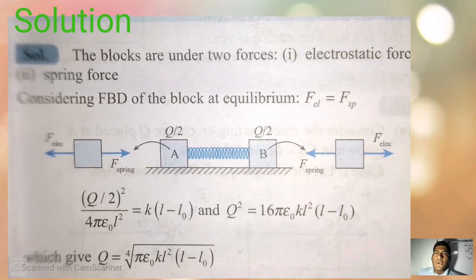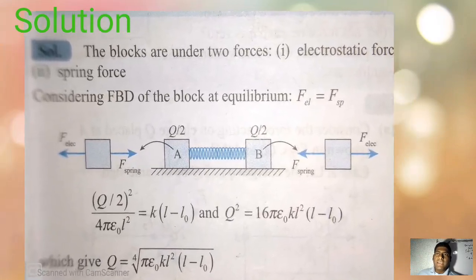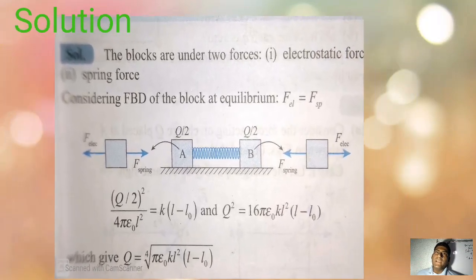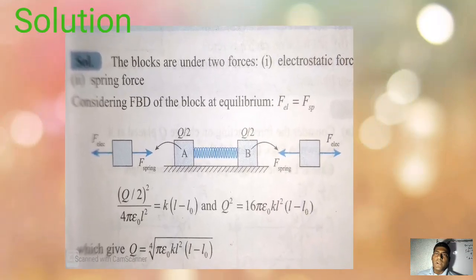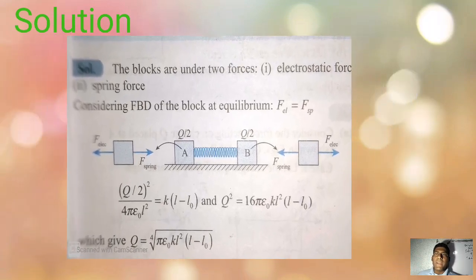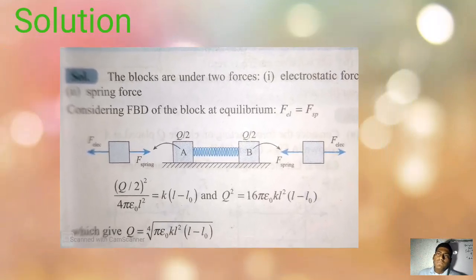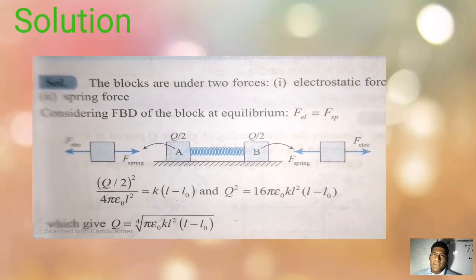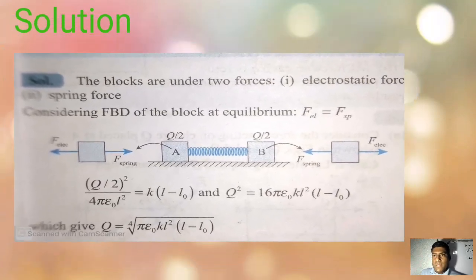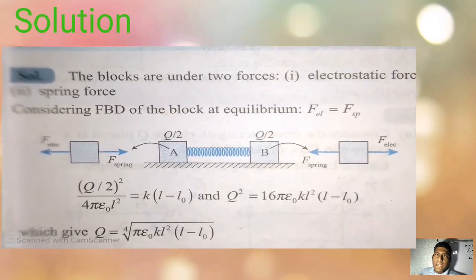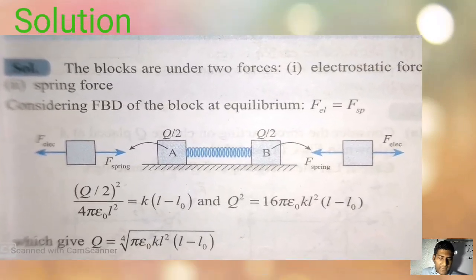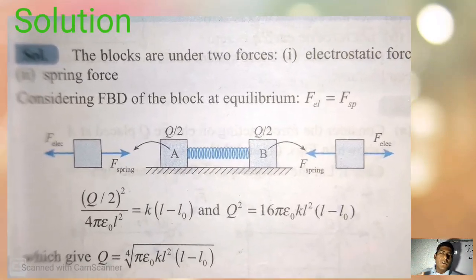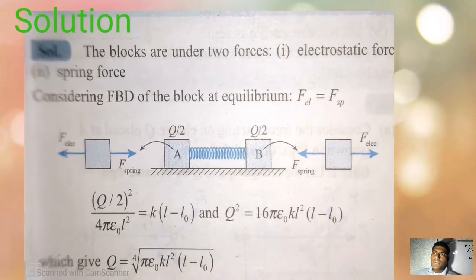We know that the spring constant K is force per unit length, so the spring force F is equal to minus Kx, where K is the spring constant. We learned this spring constant and spring force in class 11. After calculation you will get the result Q as (pi epsilon 0 k L square into (L minus L0)) to the power 1 by 4. So this is your final answer to this question.